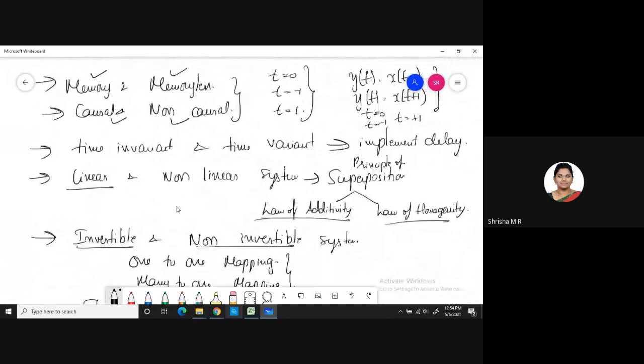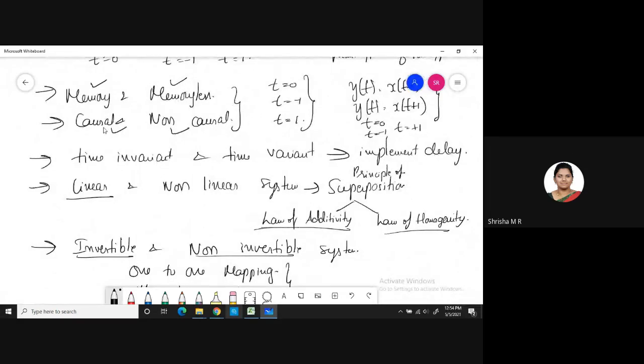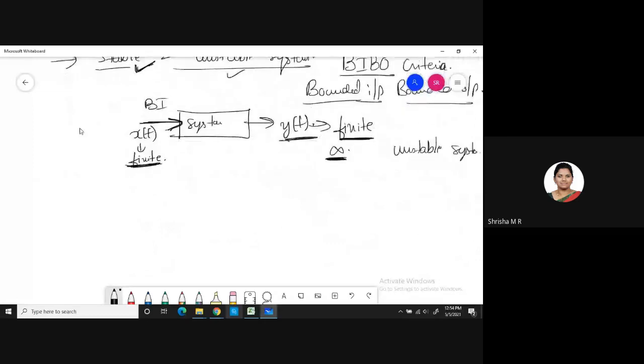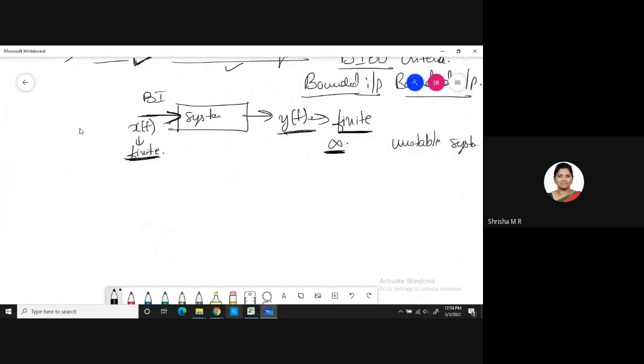Briefly, if your output is depending on present input and past input, it's called a causal system. Okay, if your output is depending on future values of input, it's called non-causal. That's the basic definition. And what they'll give you is a relationship between input and output. So if y of t is equal to some equation, they'll give you.